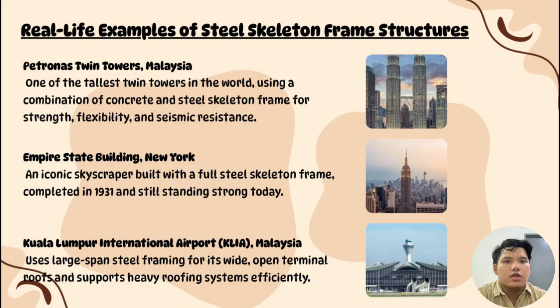Next, we have the Empire State Building in New York, an iconic skyscraper built with a full steel skeletal frame, completed in 1931 and still standing strong today. The next example is Kuala Lumpur International Airport, KLIA, in Malaysia, which uses a large-span steel framing for its wide open terminal roof and supports the heavy roofing system efficiently.